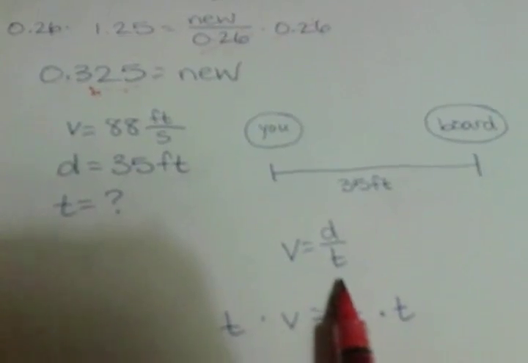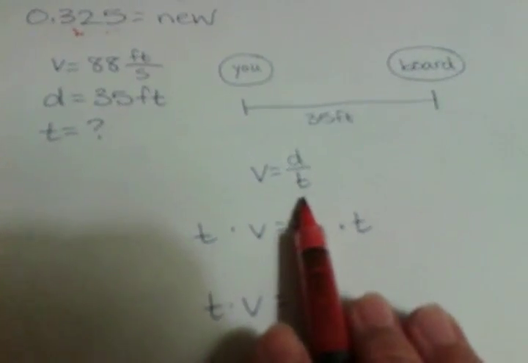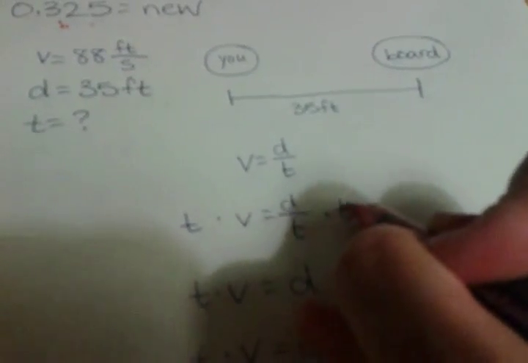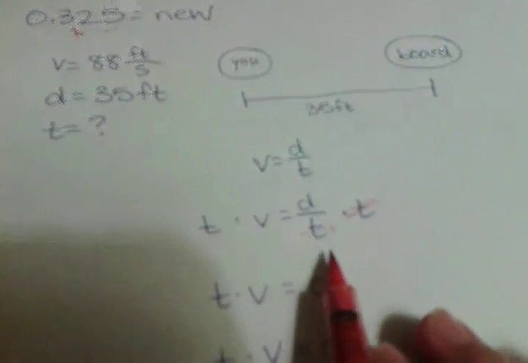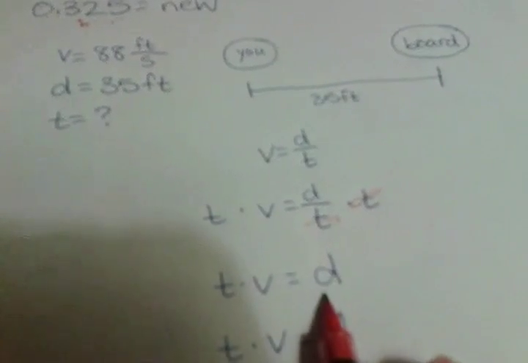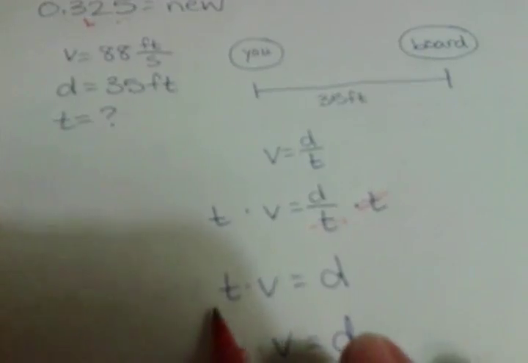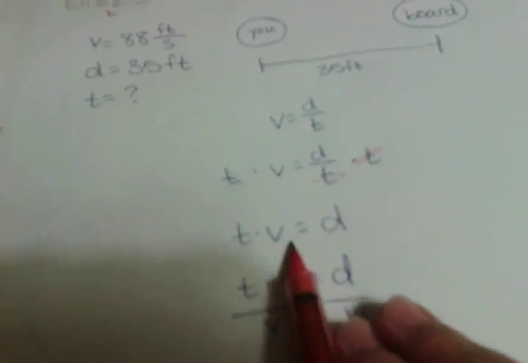Okay, so velocity equals distance over time, and we need to solve for time. So I multiply both sides by time, and then here time cancels out, leaving me with just distance equals time times velocity.